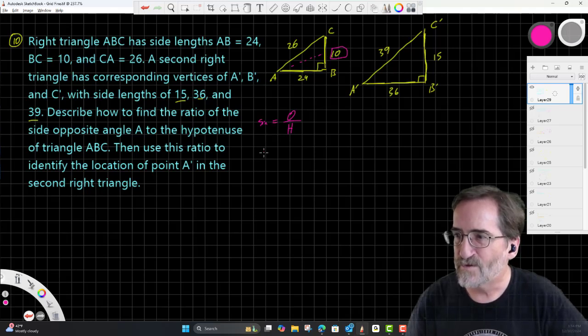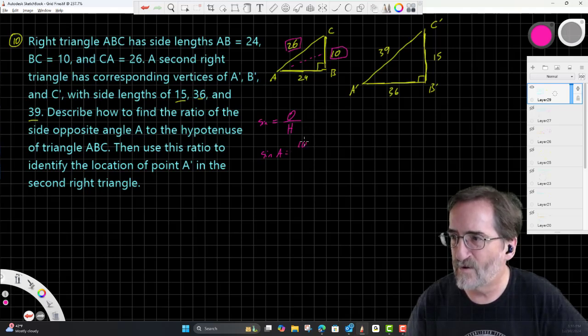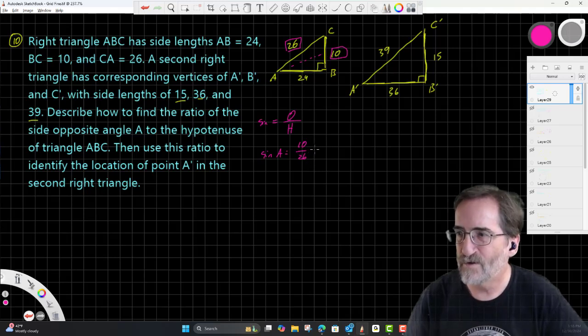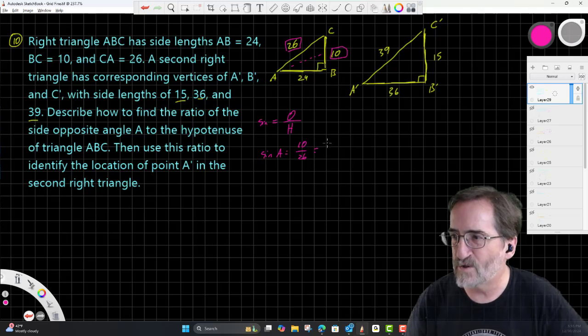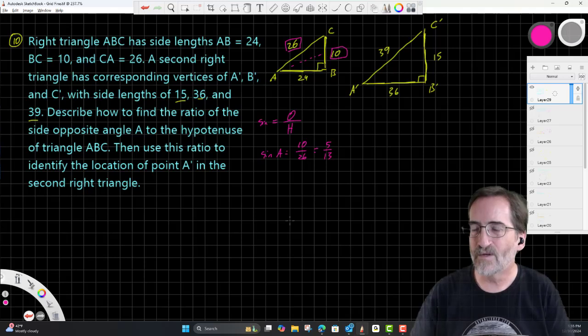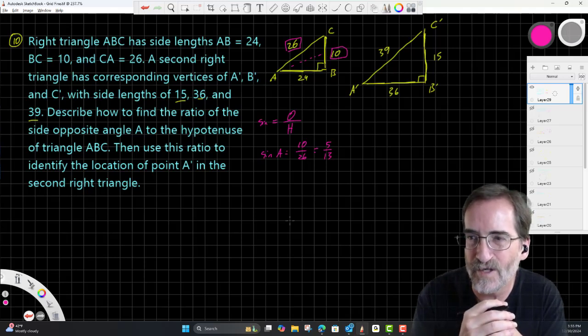Okay, and so the sine of angle A is opposite over hypotenuse, 10 over 26, which reduces by 2 to 5 over 13. So sine of A is 5 to 13.